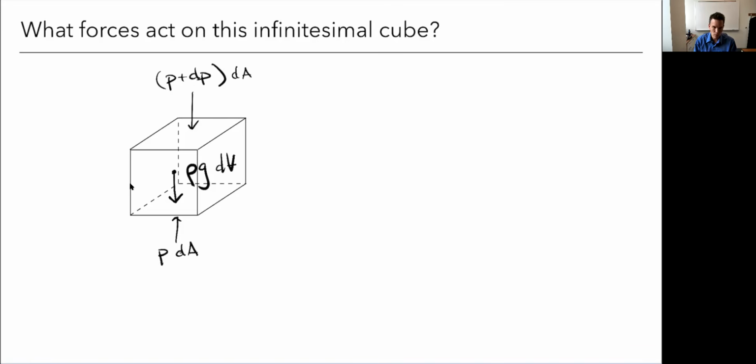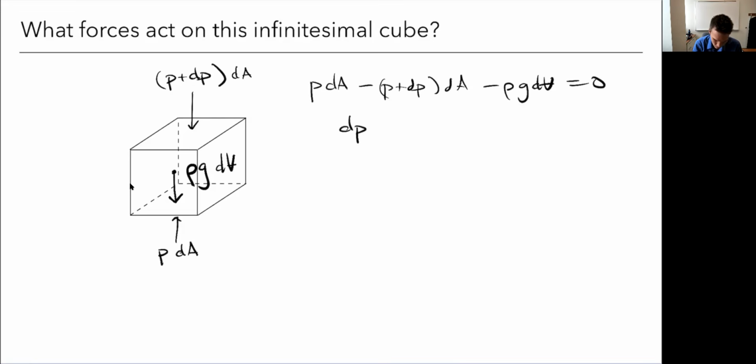So if we just do a force balance, we've got P dA minus (P plus dP) dA minus rho g dV equals 0. Sum of the forces equals 0 if we're in equilibrium, a static equilibrium. And if we simplify that, we get that dP equals minus rho g dh, where dV is just h times dA.